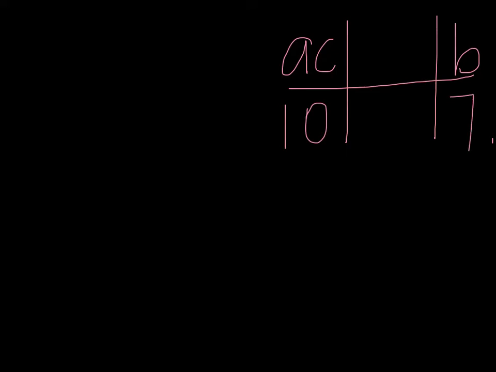We now want to work out all the different factor pairs of a times c, and we want to find out which of these factor pairs add up to our b term.